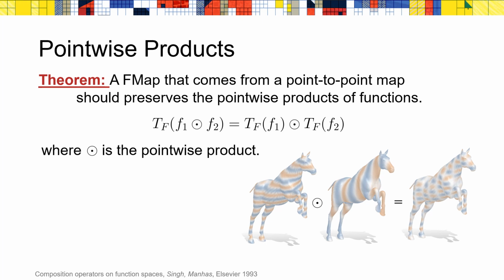So we start from a theorem. A functional map that comes from a point-to-point map should preserve the pointwise product of functions. What does it mean?